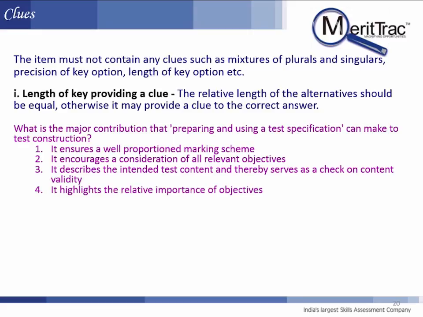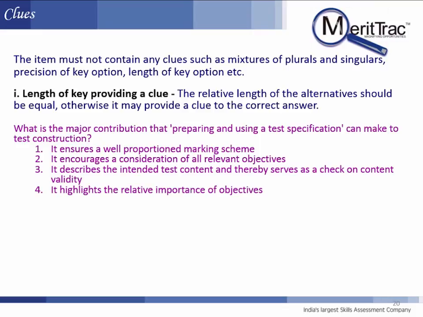As we all know, there would be only one right answer, and that right answer should be unarguably correct. So we put a lot of qualifiers in that particular answer. As a result, it becomes lengthier relative to other options. And these other options, as we also know, are only the wrong answers.